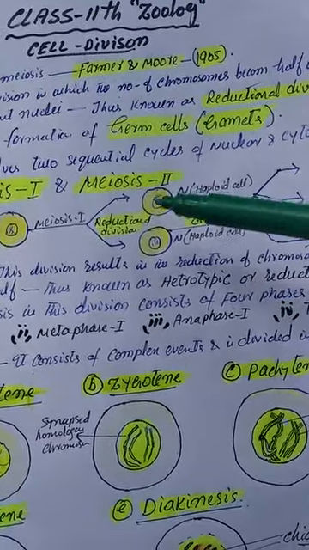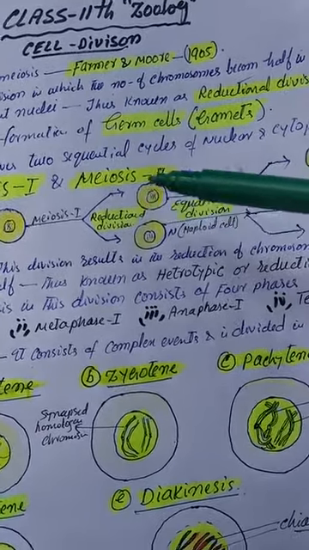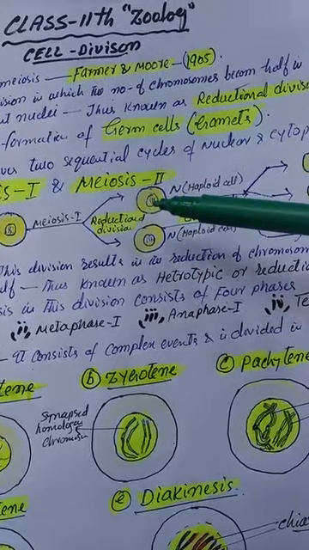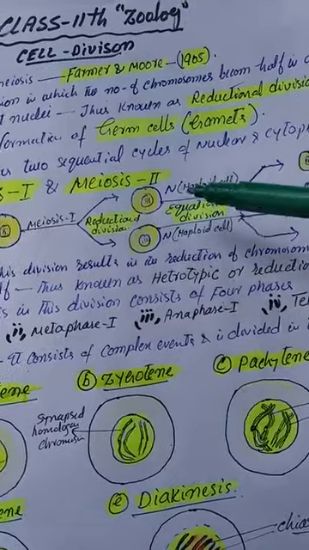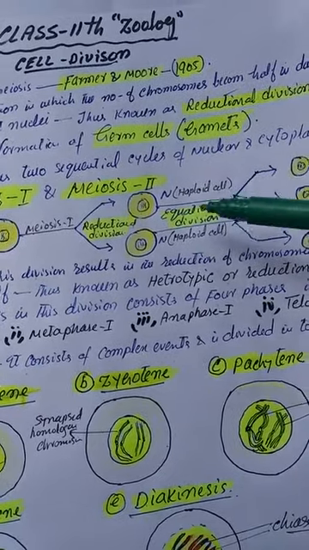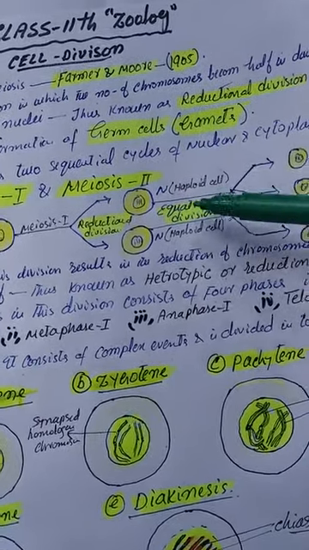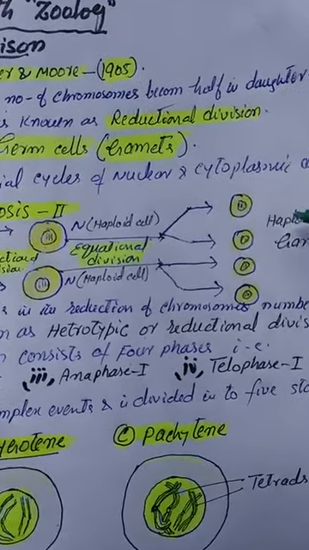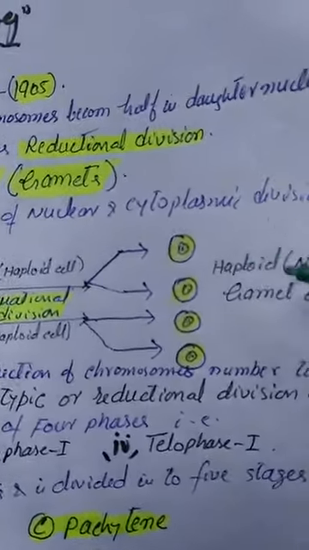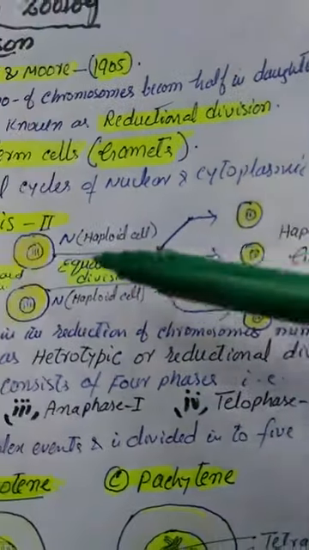Then these cells undergo the second stage, that is Meiosis-2, and through an equational division like that of mitosis, the result is four haploid cells or haploid gametes, as you can see in this sketch.